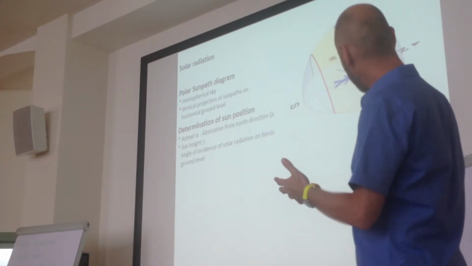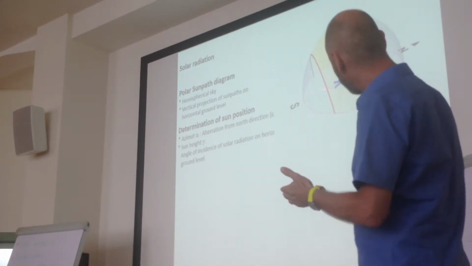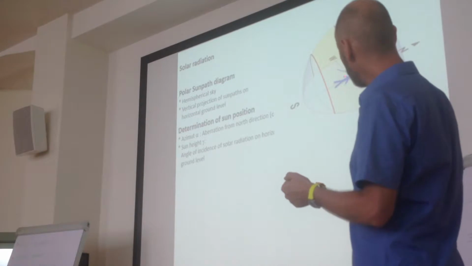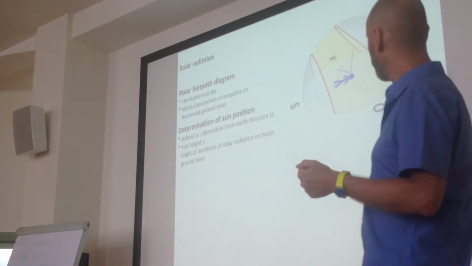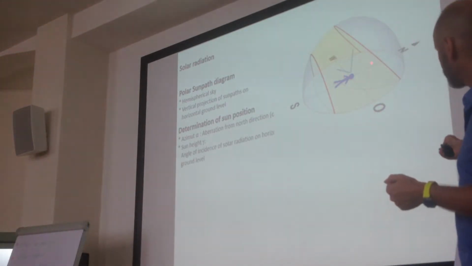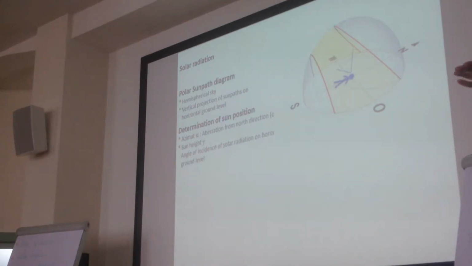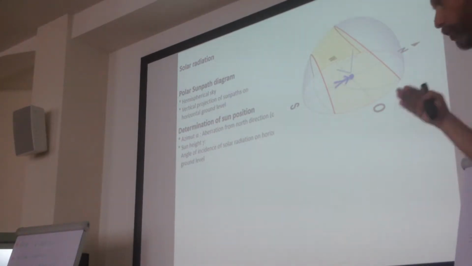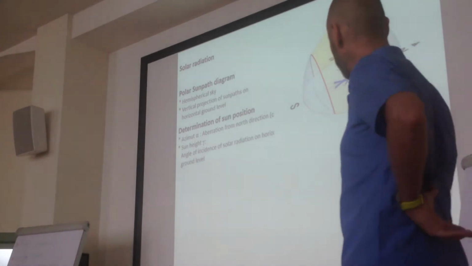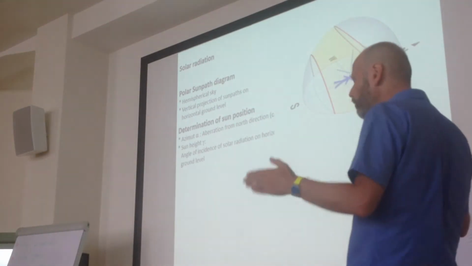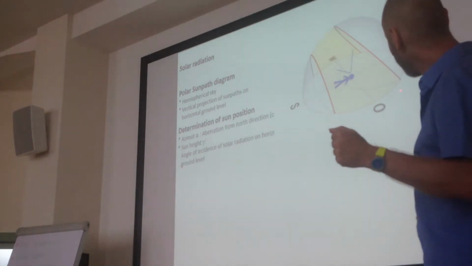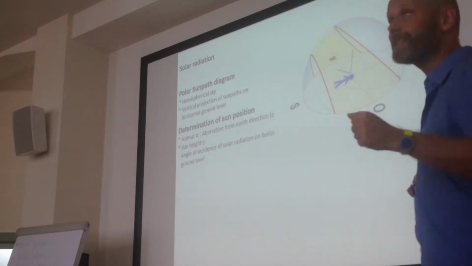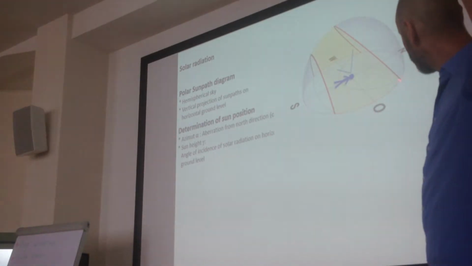Think of a sun path diagram in a three-dimensional view. If you are lying on your back with your head orientated towards the north, on the 21st of June, so at the beginning of summer, and you are lying there all day long, you will realize that the sun is rising left behind your head.